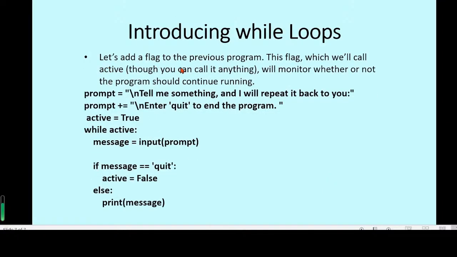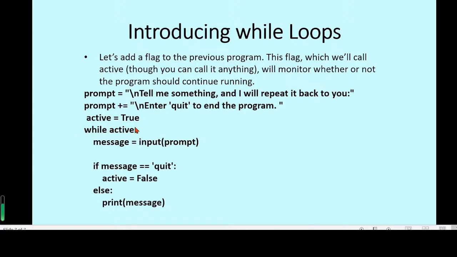So let's add a flag to the previous program. This flag, which we will call active, so you can call it anything, will monitor whether or not the program should continue running. We create the prompt message, then we create a variable called active, set to True. Next, we will run a while loop that starts with while active. While active means if active's value is true, the condition is true.